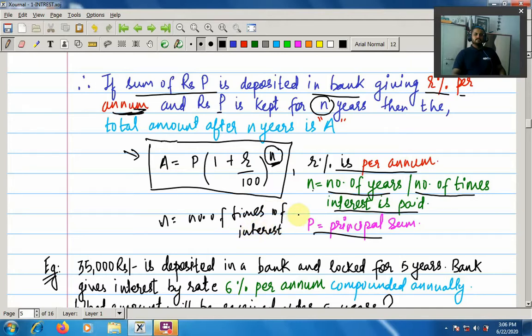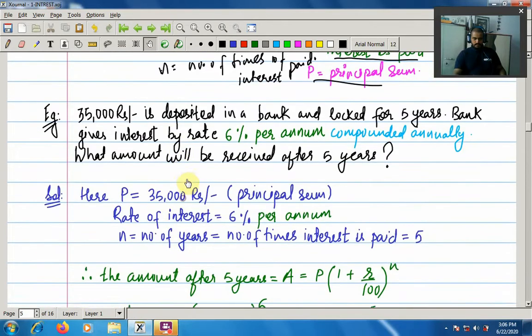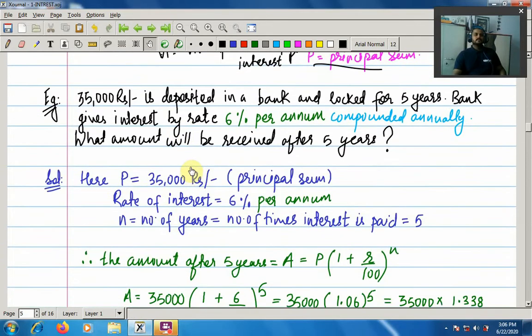This is true for every example. Let's move further. I think the theory part is finished and let's begin with examples.